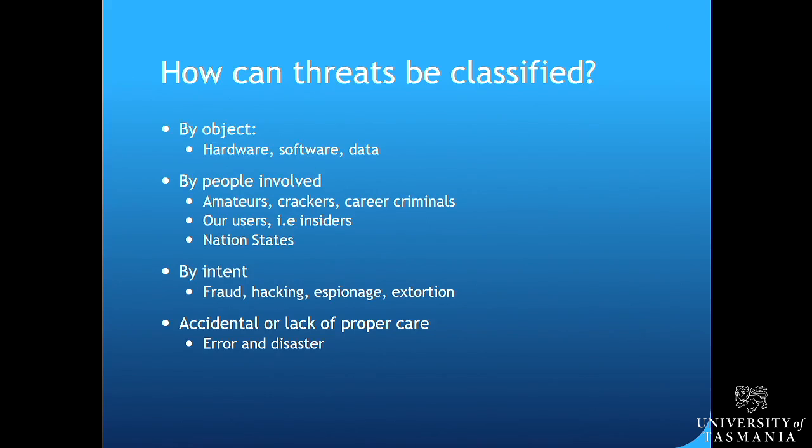So if we look at them under categories, we can try and get an understanding of what is the motivations of the people who might be carrying out an attack against us. The motivations of an internal person attacking us are going to be very different to the motivations of an external person. What's available to them in terms of methods of attack are dramatically different as well.